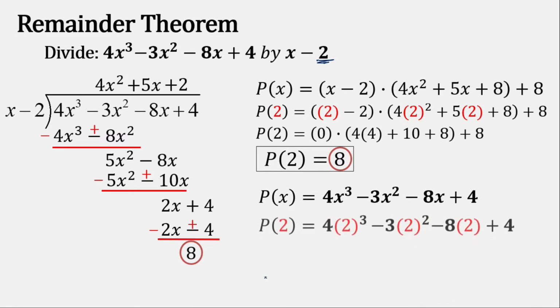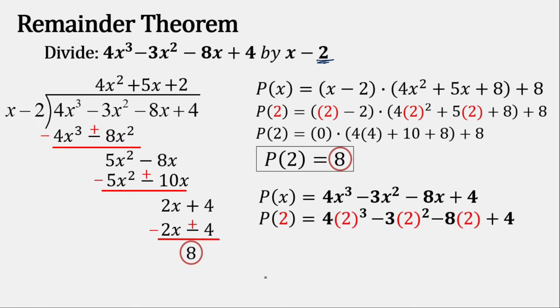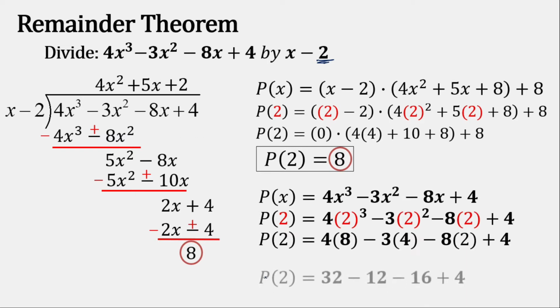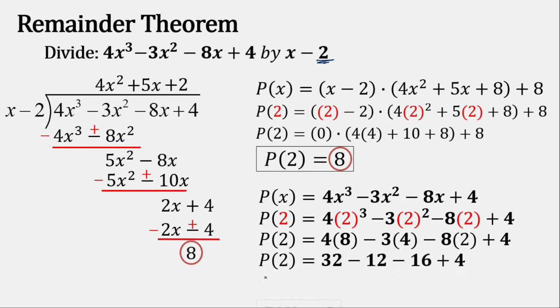So we have p of 2, that would be 4 times 2 raised to 3 minus 3 times 2 raised to 2 minus 8 times 2, plus 4. Let's evaluate it once more and combine. So again, the value of p of 2 is 8.